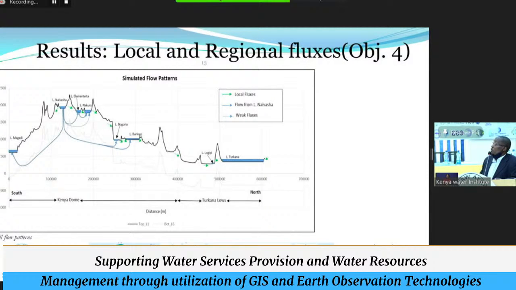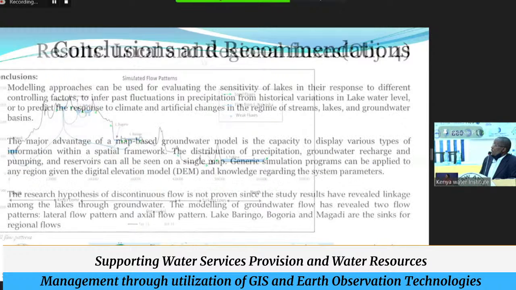And also, the suspected one towards Magadi is also now a solid line. Therefore, it means that it is possible, although isotopic evidence has not been found, because perhaps the water is too much diluted by the time it gets there. Next, please.